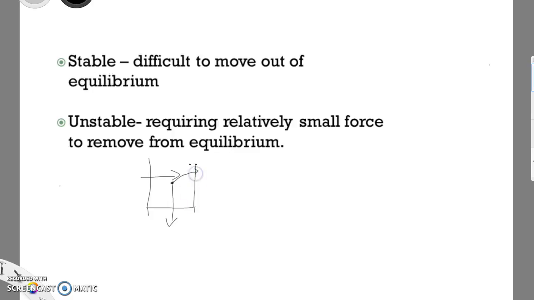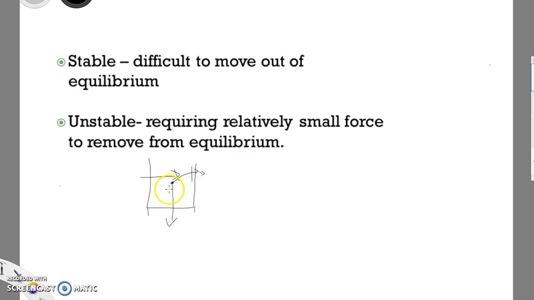I can get up to this point where it won't tip, and then if I push it past this point, now gravity is going to cause it to tip over. Because at that point, gravity exerts a torque on the center of mass, causing it to rotate. Between here and here, it's going to rotate back down to this stable position. Once it gets over to here, then it's going to rotate the other direction.